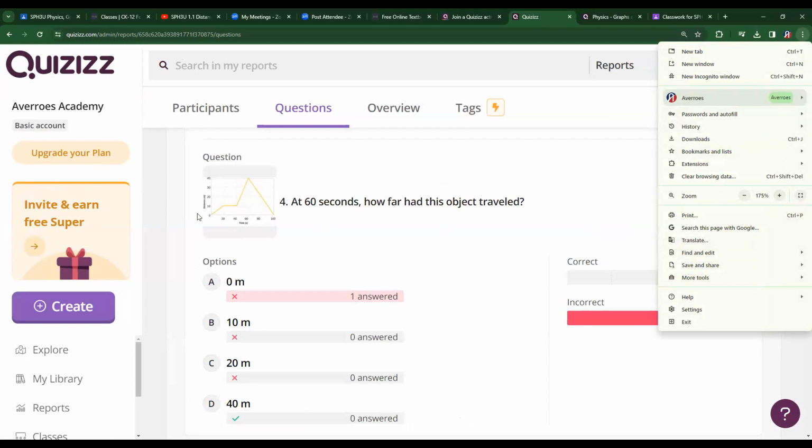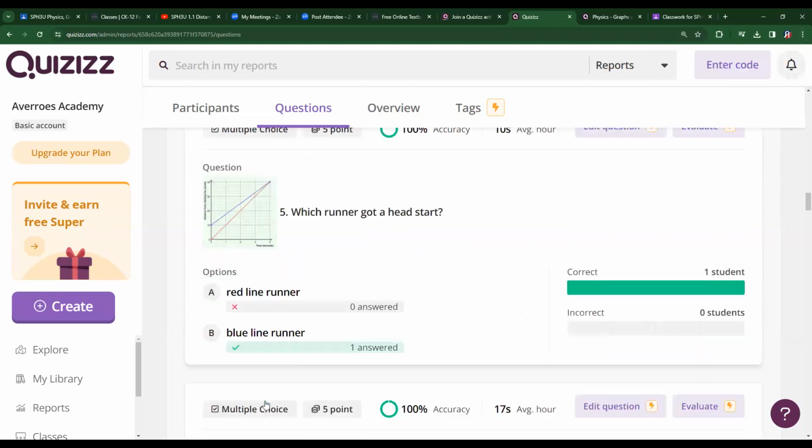It's a distance time graph. So 60 seconds, it's here on the bottom. So you just read the graph. What is corresponding y value? So it's 40 meters. So object was moving 10 meters in the same direction, then stopped, then moving further at position like 40. So 40 meters passed. Okay, just reading the graph.